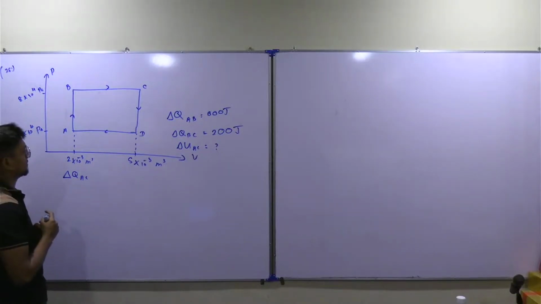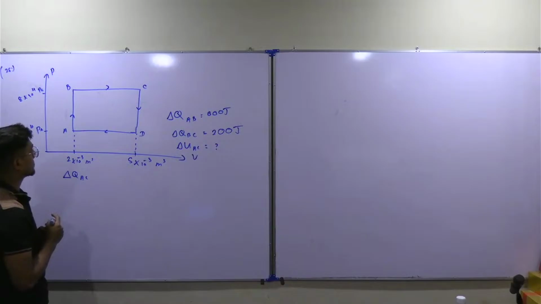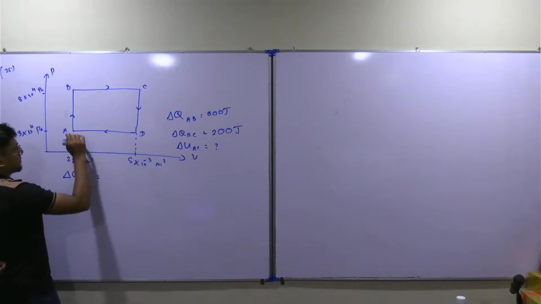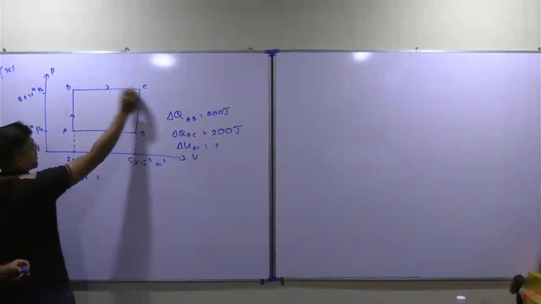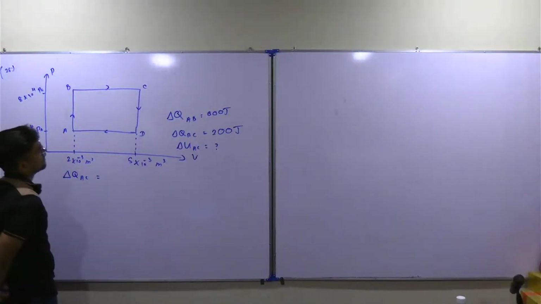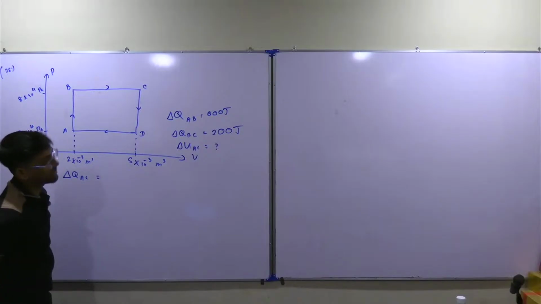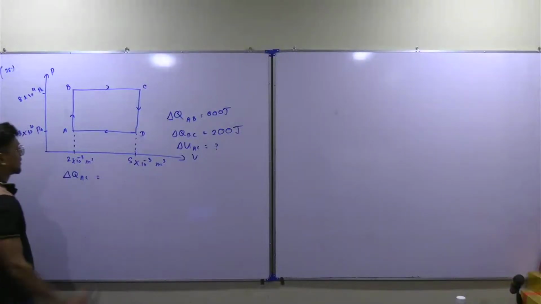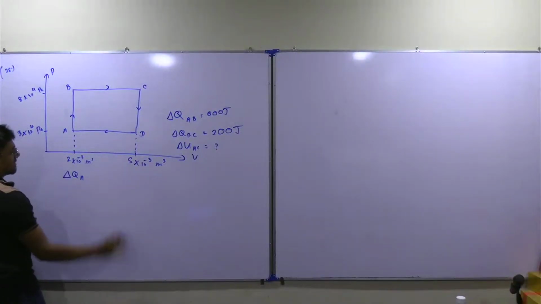Delta Q AC. Work done from A to C. Delta U AC. Let's consider like this.